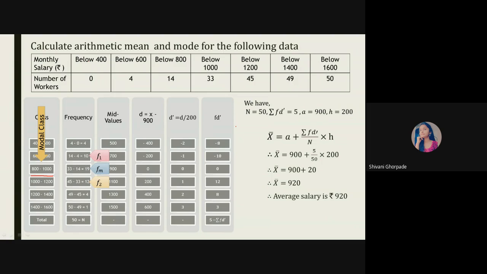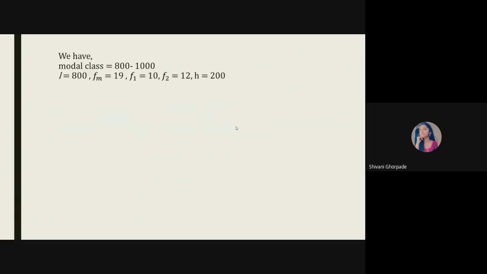Then we will use the formula for the modal class. Okay. So what we have, right? Modal class is 800 to 1000. So L is equal to 800. L means lower limit of the modal class. So lower limit is 800. fm is 19. f1 is 10. f2 is 12. And height of the modal class, that is 1000 minus 800, we get 200 as the height.